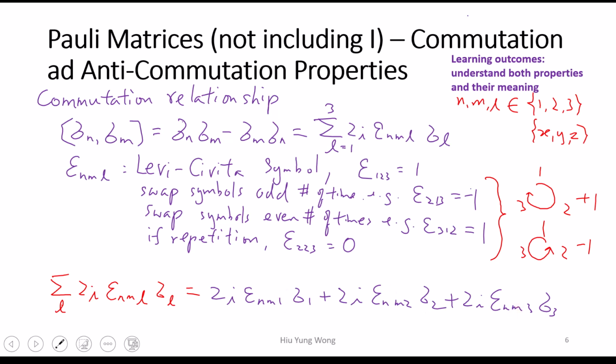Then it means that two of these terms must be gone. Right? Because nml must be 1, 2, 3, right? If m and l, one of them must be 1. If it is, n may be equal to m.